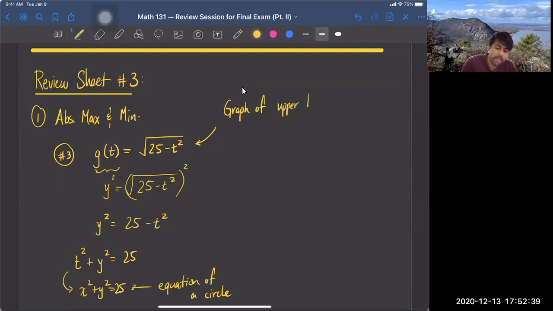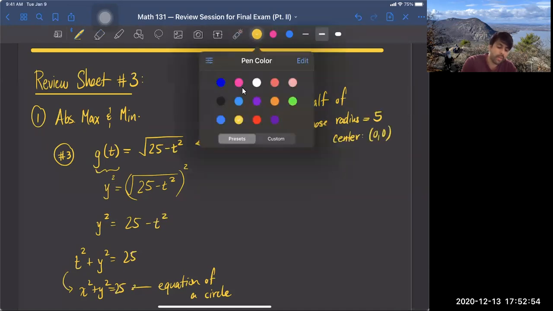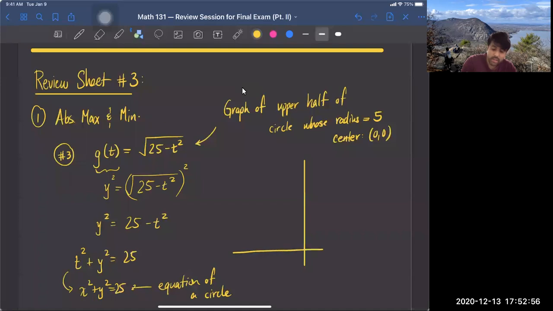This is the upper half of a circle whose radius equals 5 and whose center is 0, 0. If you were to plug this in your calculator just to give you an idea of what it looks like, it's going to be this.